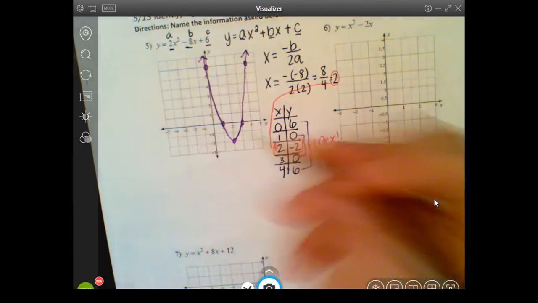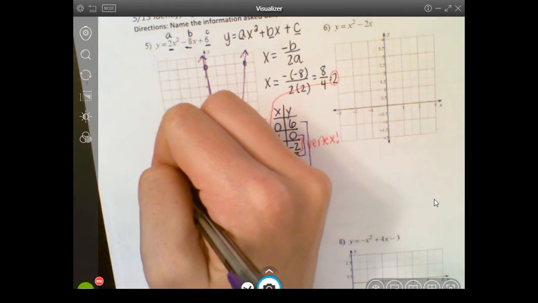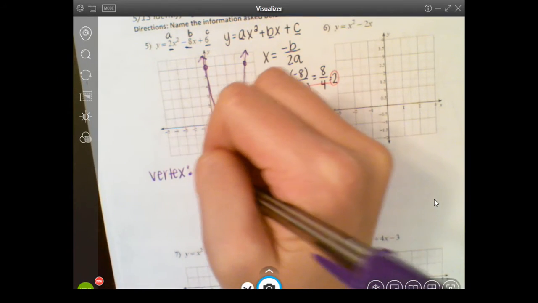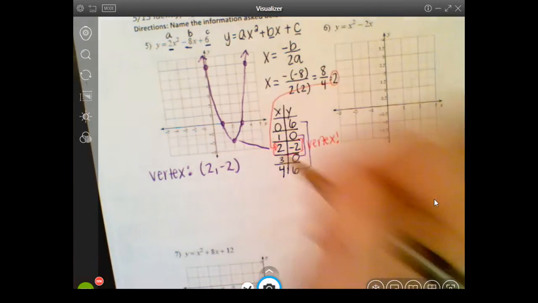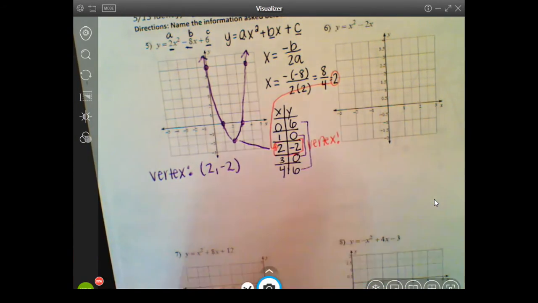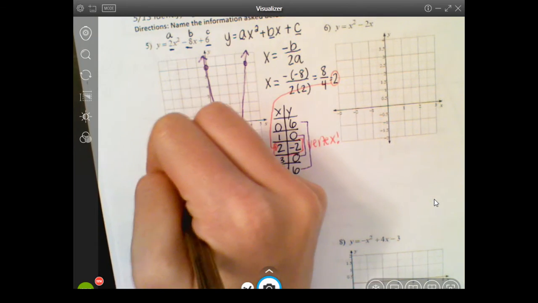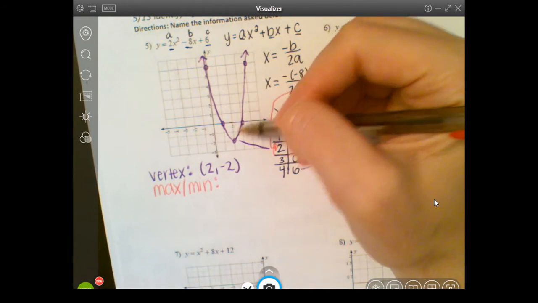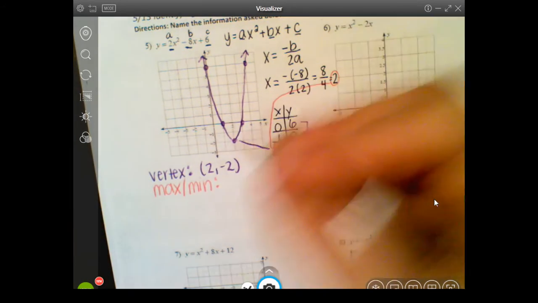If I were to say right now, what's the vertex? You should be able to say, oh, it's right here. It's 2, -2, because it's right there. If I were to say, does this have a max or a min? You should be looking at it. It looks like this. It has a low point. It has a min.